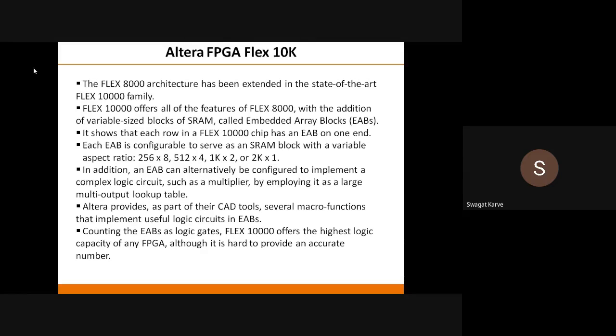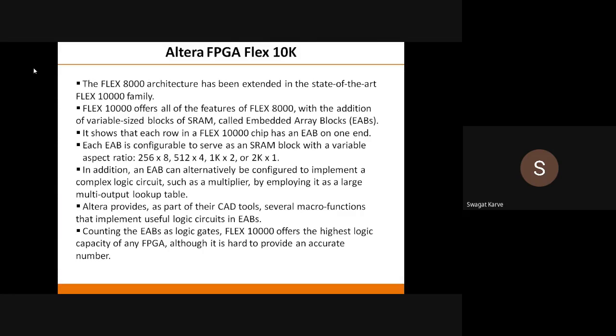The features of the 8K are already there. With addition to that, these are the extra features provided in this 10K Flex series: variable sized block of SRAM as well as embedded array blocks, that is EABs.